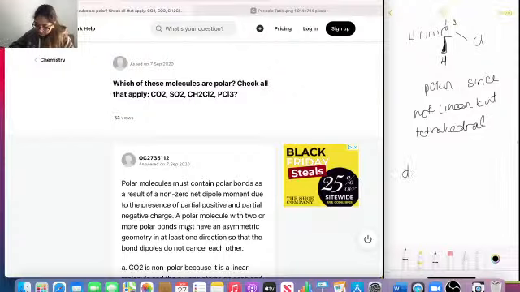Okay, so our next one, we have phosphorus trichloride, PCl3.